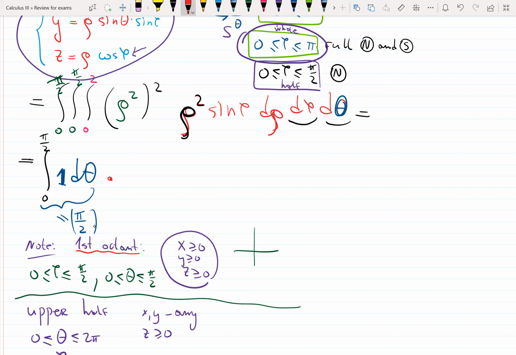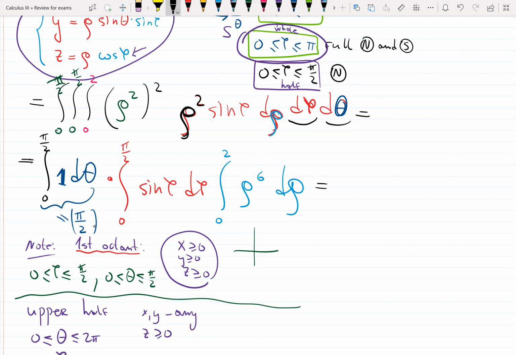Second integral is responsible for phi. So it's from 0 to pi over 2, d phi. Let's find all the functions of phi. Oh, it's sine only. That's nice. We know how to integrate sine. And then the last integral is from 0 to 2, responsible for rho. Let's find all the functions of rho. It's rho^4 plus 2 rho, d rho. See? So on the exam, when you're doing it like this, say out loud, it's not that scary if you break into 3 integrals, and that will make you confident.